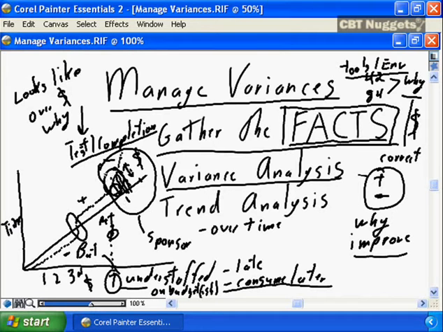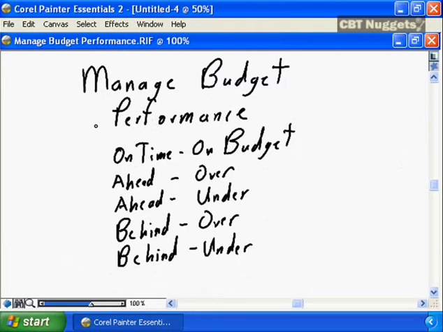It looks like we have a very bad variance trend happening. You start to do your root cause analysis, you start to gather the facts, and then after you've done the appropriate trend analysis, you then come back and report on why and what the appropriate corrective actions should be.